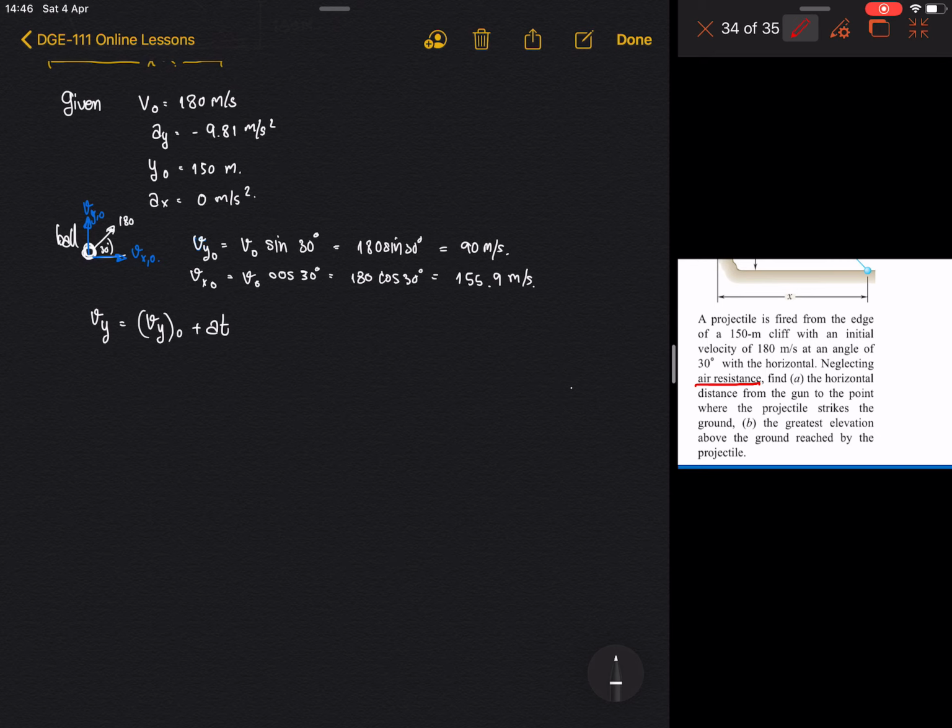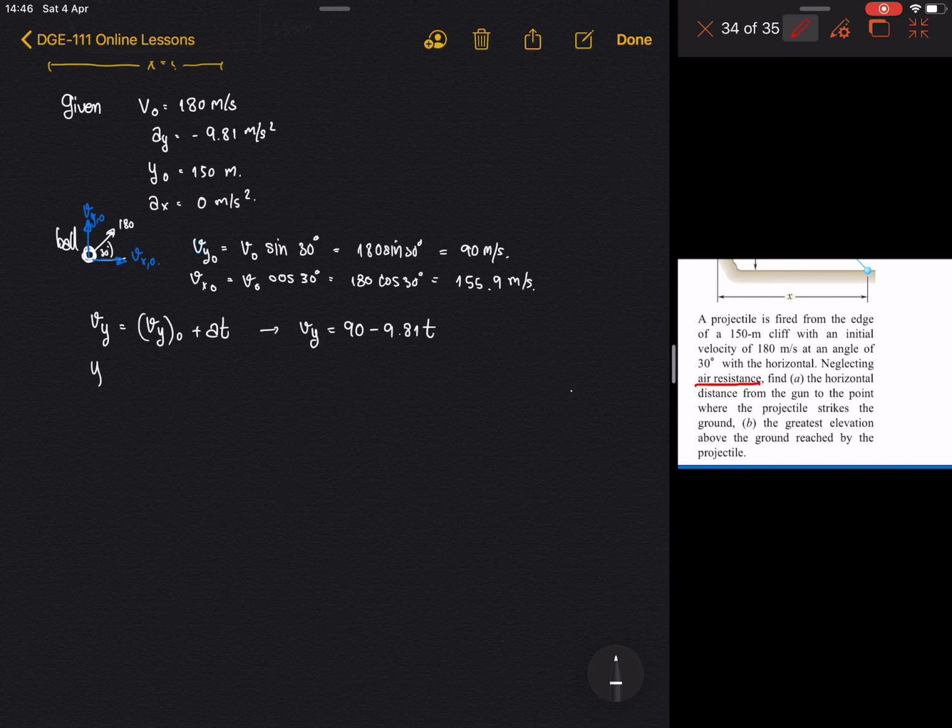I think this one you already know from the previous slide, and vy is equal to 90 plus at. Then you also have y equal to vy0 t plus 1/2 at squared, and y equal to 90t minus 4.90t squared.